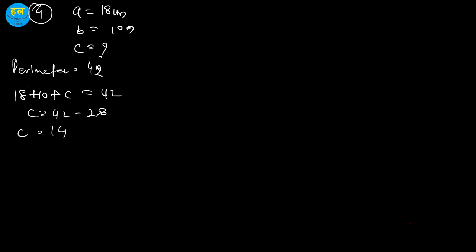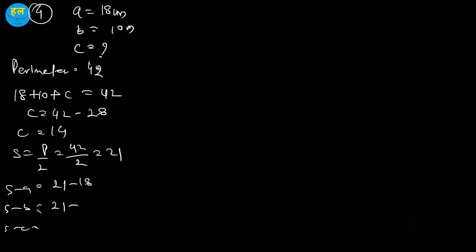Okay, so now we have all the three sides and we have to find S. S is perimeter by 2, is equal to 42 by 2, is 21. S minus A, S minus B, and S minus C. S minus A is 21 minus 18, 21 minus 10, 21 minus 14. It is equal to 3, 11, 7.